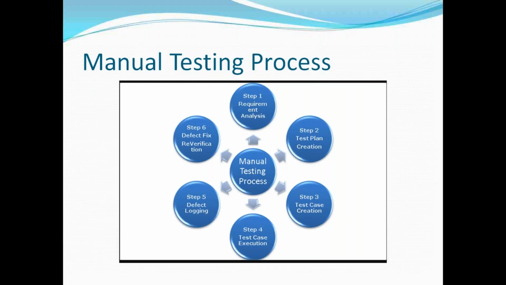This picture you are looking at right now talks about the manual testing process and how it gets started. Whenever a project comes from the client, we get the requirement document from the client, which states what the client requires to be tested in this application.